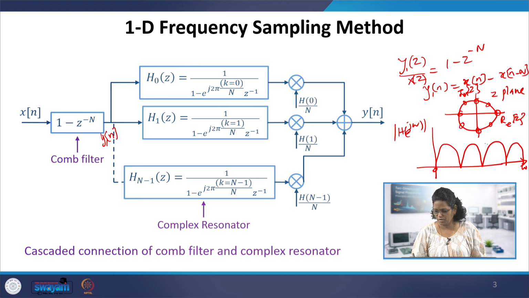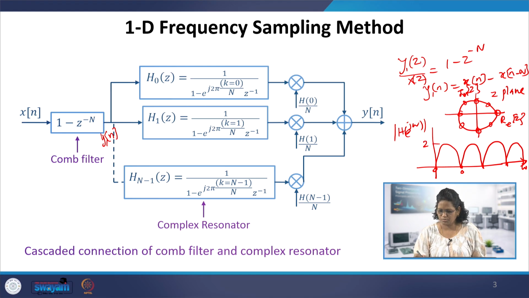The number of comb teeth appears in the structure of H of e to the power j omega, in which this is a zero, the next zero would be here, and this point and this point, with equally spaced zeros on the unit circle. So this is the pole-zero diagram and the frequency response, especially the magnitude response. Looking at the phase response, the phase is linear over here, so it would have linear phase in between, and so this will have the 2 magnitude.